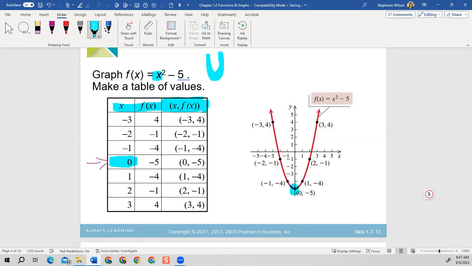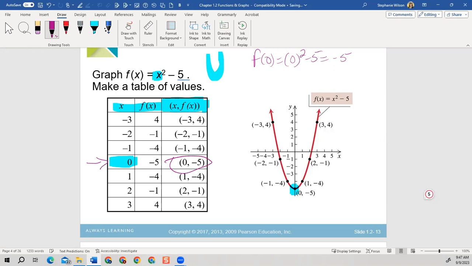And look, it crossed it down here. Of course, it's not always on the belly of the parabola. It could be on an arm of it. But anyways, if I plug in 0 for my x value, I get this, which is equal to this. And that's the ordered pair here of 0, negative 5, and you plot it.